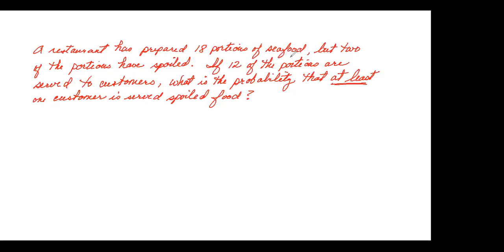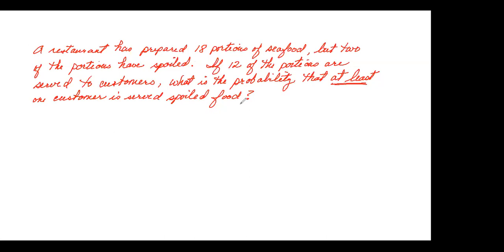This came out of the book, don't blame me, don't get sick. But 2 of the portions are spoiled. If 12 of the portions are served to customers, hold your nose here, what is the probability that at least one customer is served spoiled food?